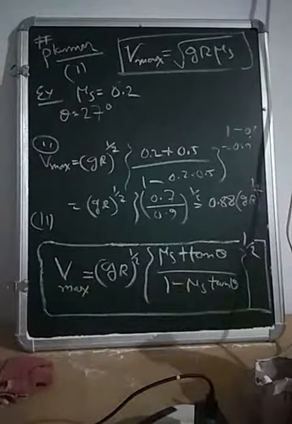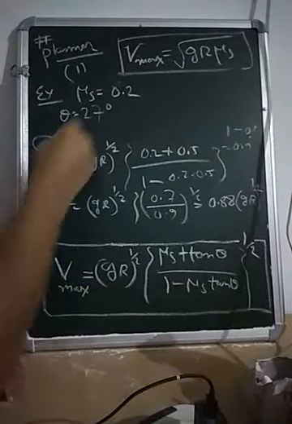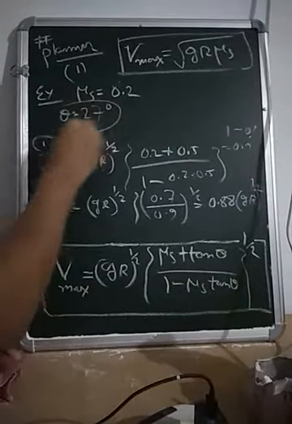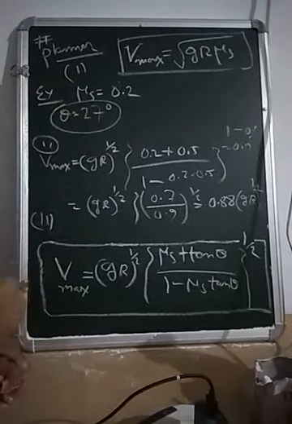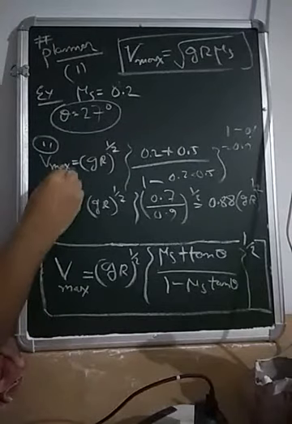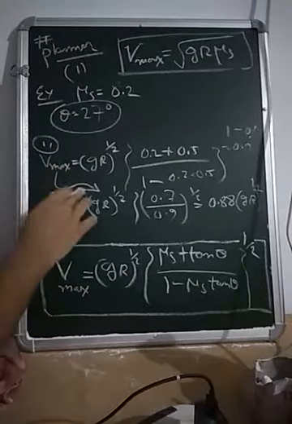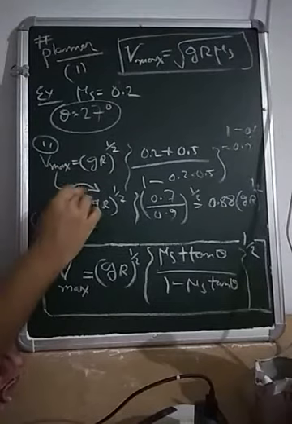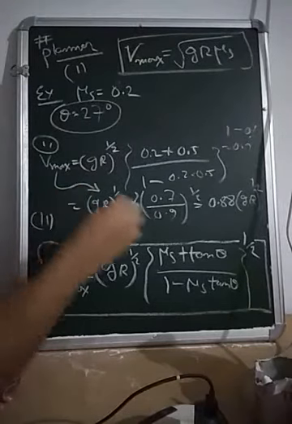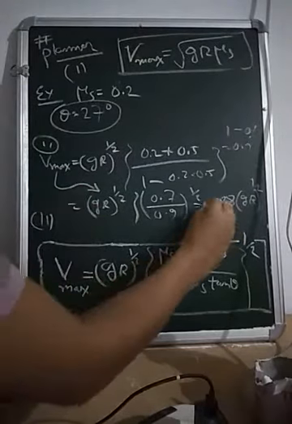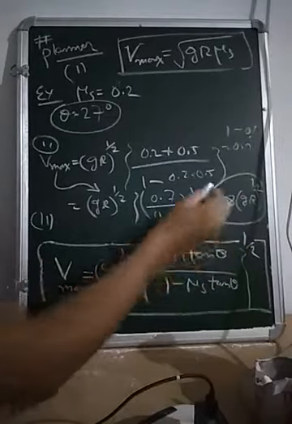So if the road is banked at theta equal to 27 degrees, then the maximum velocity Vmax at which we can take a turn on that circular road will be 0.88 into g r to the power half.